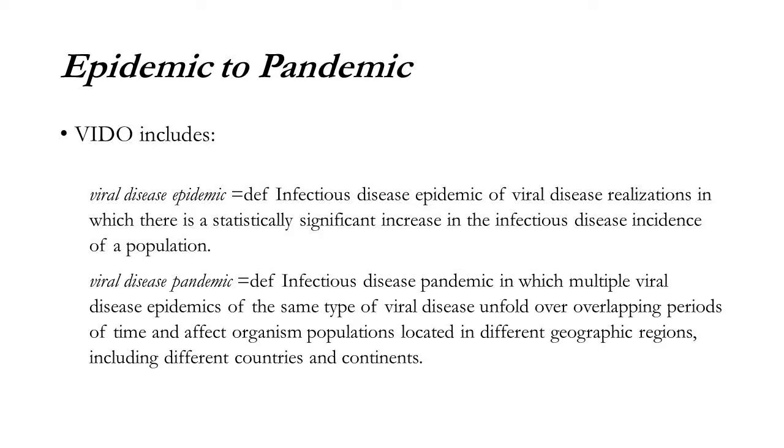So note there is a reference here to change over time. Similarly, for pandemic, we have another subclass of infectious disease, pandemic. And here we have viral disease epidemics, so a reference to the previous definition, of the same type of viral disease unfolding over overlapping periods of time and affecting populations located in different geographical regions.